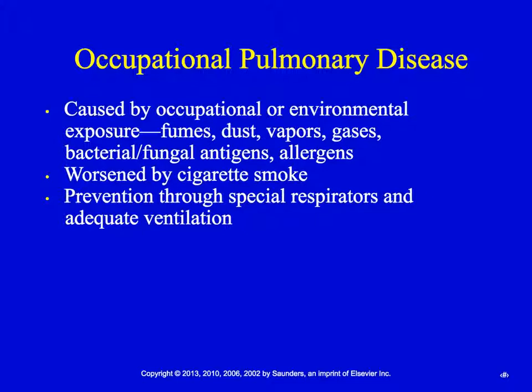A couple of those important prevention things would be the use of special respirators, something to put on their face to prevent them from inhaling the toxins, and then also ventilation in the facility that they're working in. That's the best way to prevent them from acquiring a pulmonary disease related to these environmental hazards.